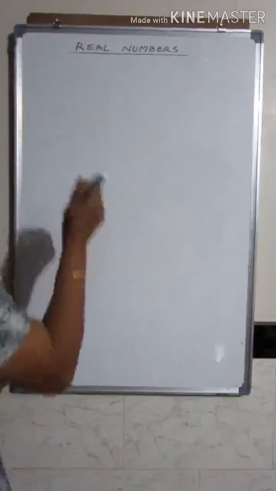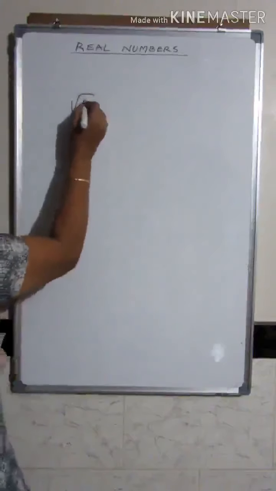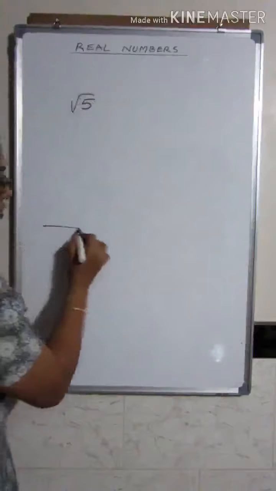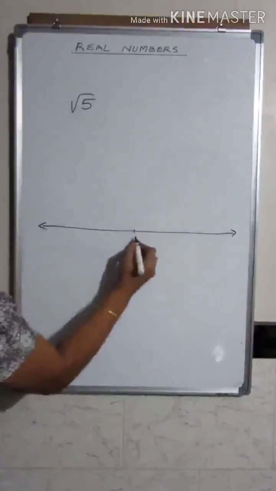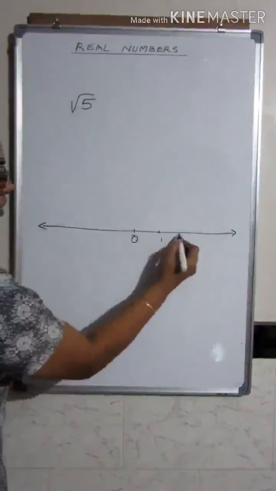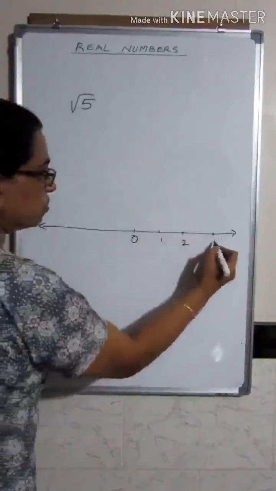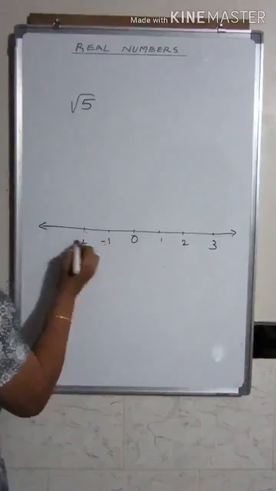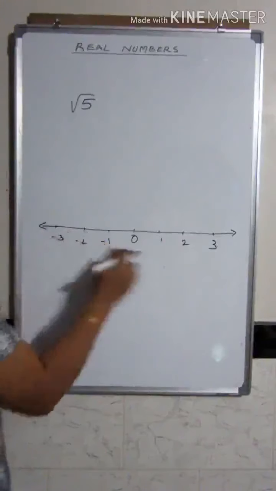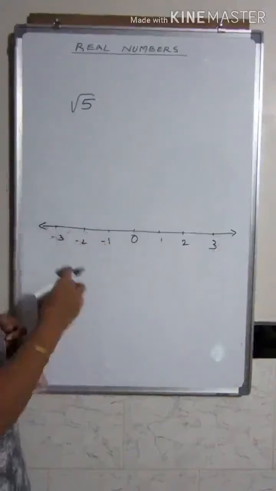To represent root 5, first draw a number line, taking the values 0, 1, 2, 3, minus 1, minus 2.